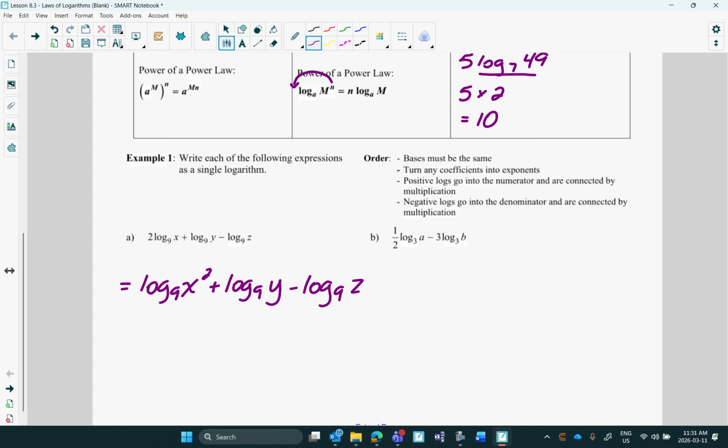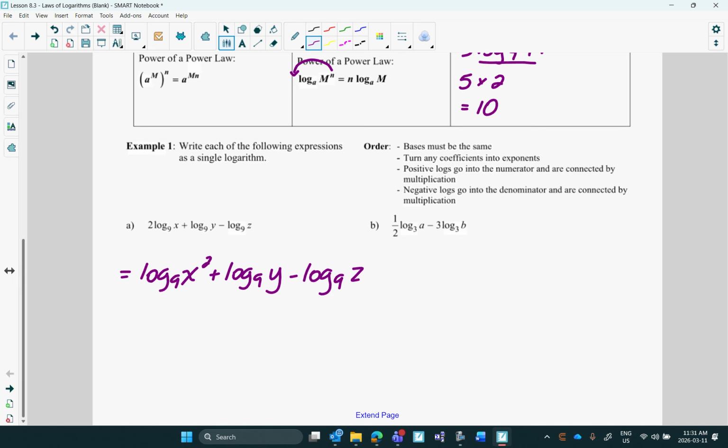Now, think of it this way. Remember, adding logs turns into a multiplication, subtraction turns into a division, right? So think of it this way. If I've got positives in front of the logs, they're going to be in the numerator of the fraction getting multiplied.